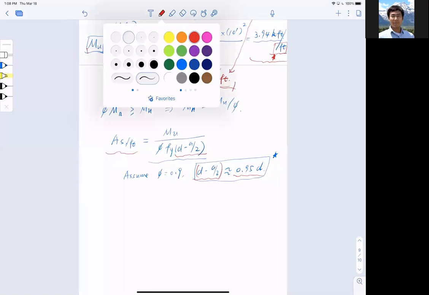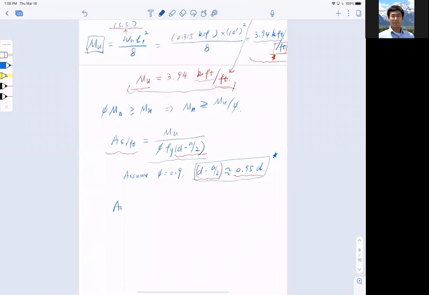Now just bring the numbers into this equation, A_s per foot. We have 3.94 kip-foot per foot, which is the bending moment, divided by phi, assuming phi equal to 0.9, multiplied by 40 ksi, the yield strength of the bar, and multiplied by d minus a/2. We said we don't know that, so we use 95% of the depth, which is 4 inches.